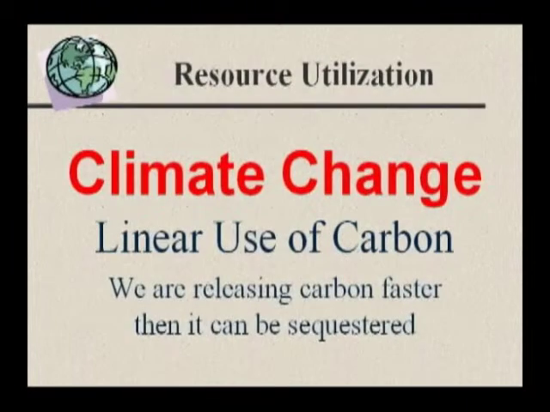But over the eons, as life began, the process of life started sequestering that carbon into the plant life. And eventually that plant life became buried in the earth and formed our fossil fuels. That's where fossil fuels came from. The problem is obviously now we're releasing that sequestered carbon that took eons to do, and now we're facing the situation that we're facing now, because we're releasing carbon faster than it can be sequestered.